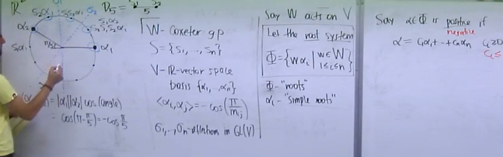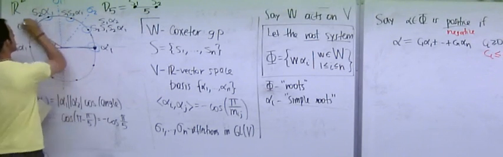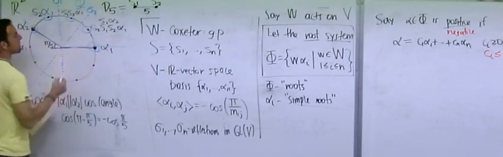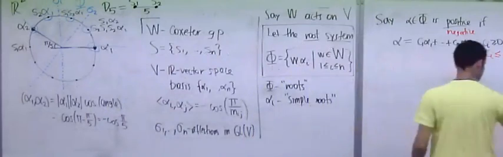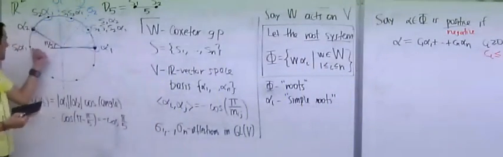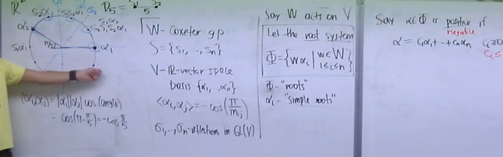So up here are the positive roots. Which ones are the negative roots? Well, you see that this is negative alpha 1, and this is negative alpha 2.